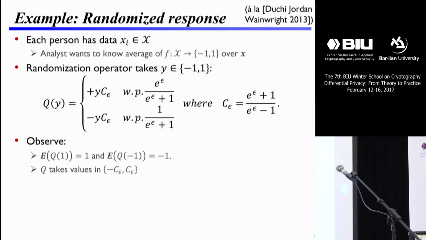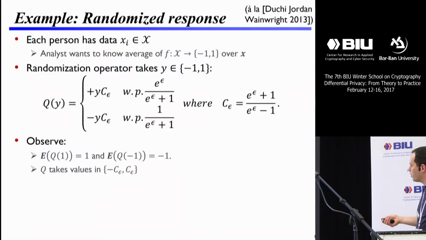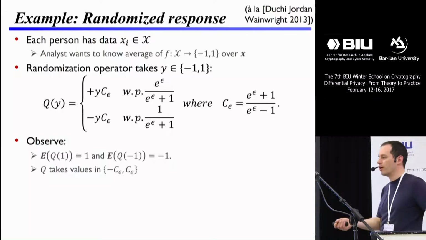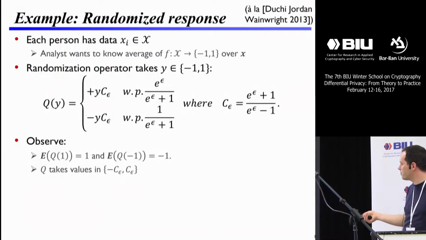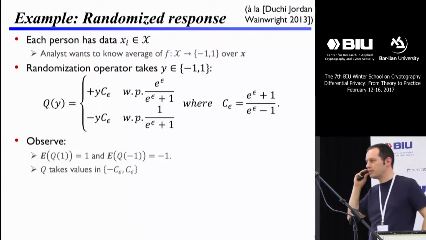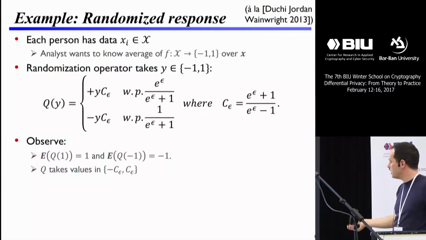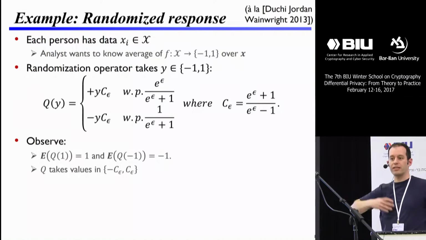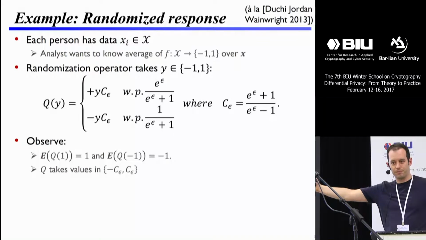It's a fairly easy computation, and you can just check it on your own, that the expectation of the value you output is exactly your input. So the reason we've done this rescaling is to make the subsequent computations easier, and the way we've set it up is so that in expectation, what you send to the aggregator is exactly what you put into the box.